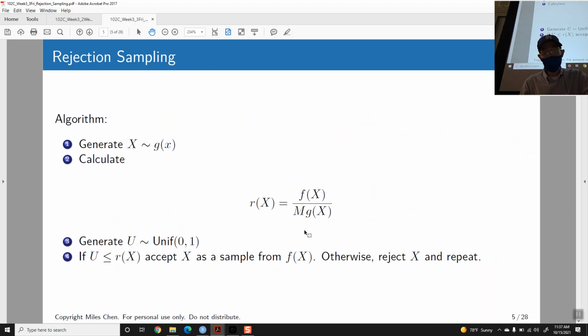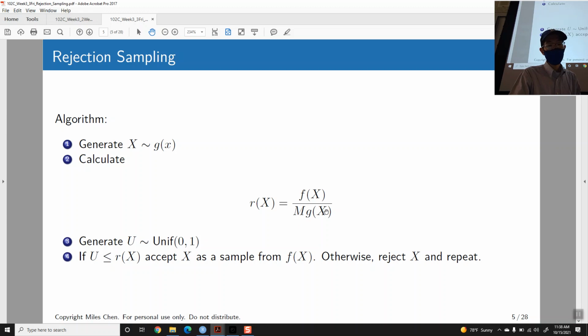This is how rejection sampling is going to work. You just generate a value from g. This is the distribution that we are able to sample from. And then we will calculate the target pdf, f, divided by m times g.